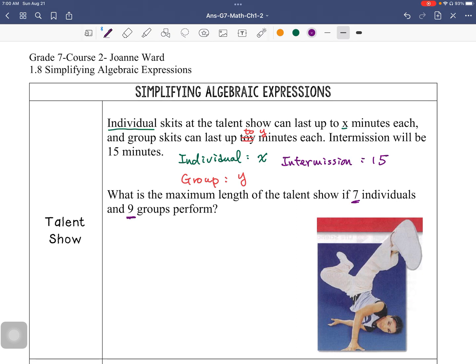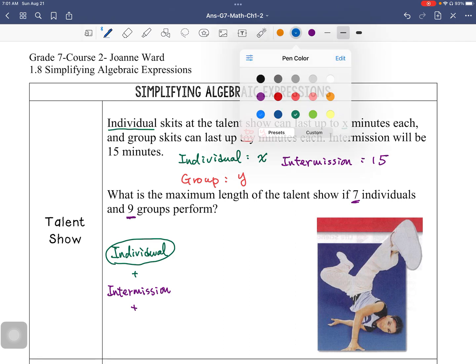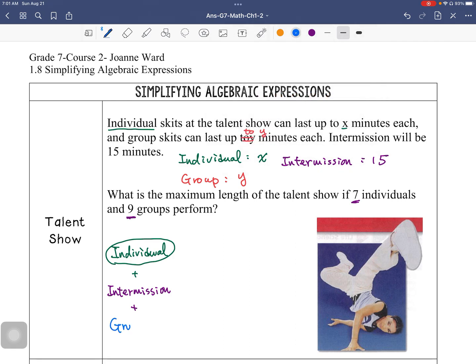I assume all of the individual acts go first, and then there will be an intermission, and then the group performances.